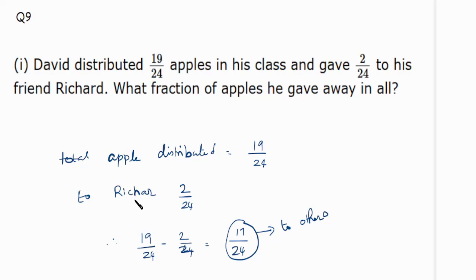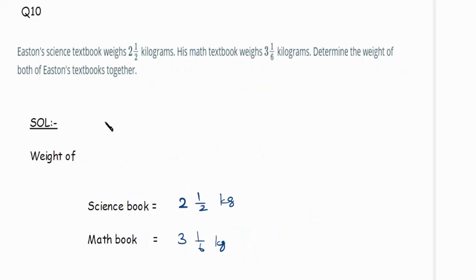To find how much was given to others, we can subtract 2 by 24 from the total apples. So 19 by 24 minus 2 by 24. Because the denominators are the same, we can easily subtract. 19 minus 2 is 17. So 17 by 24 of the apples he distributed to others other than his friend.